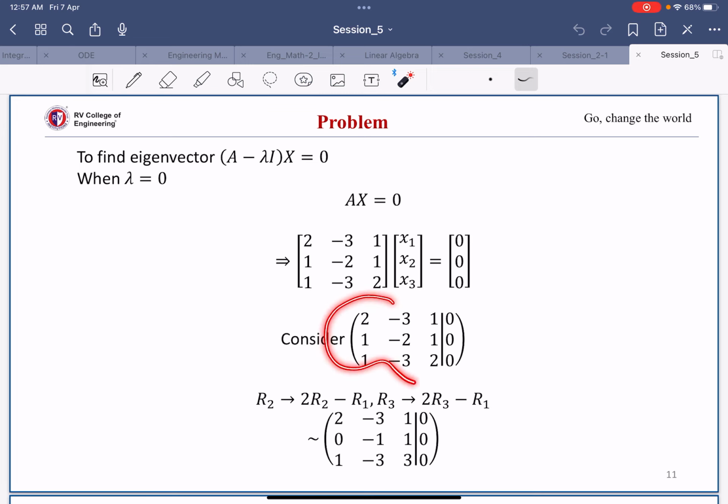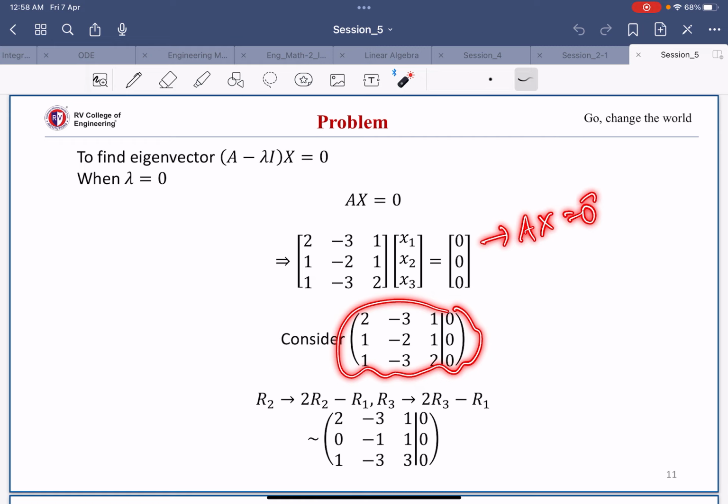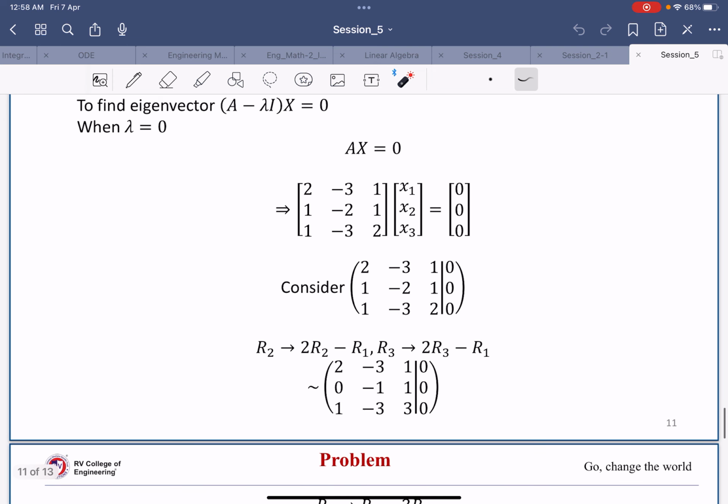So that's what I have done. I have considered an augmented matrix. This is the given matrix, and this is our A augmented B matrix. This is Ax equal to 0, where B is our 0 matrix. So I reduce it to echelon form.